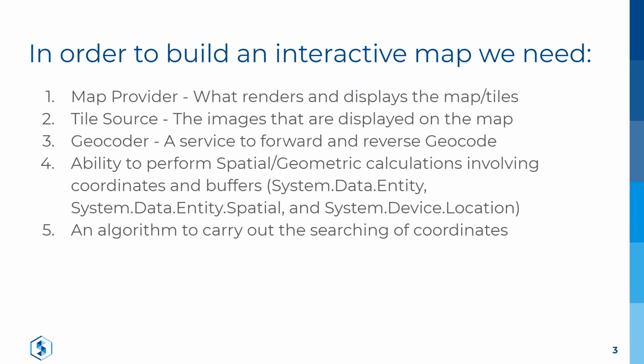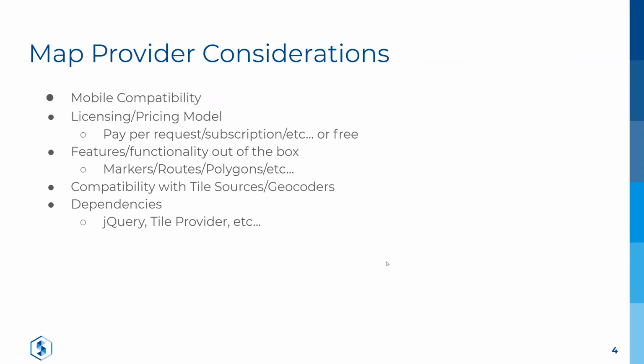And then to actually determine whether coordinates are within some spatial geometry, we'll need a couple of system classes to use in the backend. These include System.Data.Entity.Spatial, and then device location as well. And finally, you'll also need some sort of algorithm to actually search through all these member coordinates. So if we go ahead and move on, we'll see.